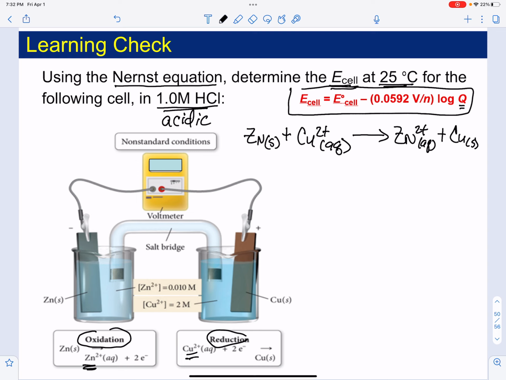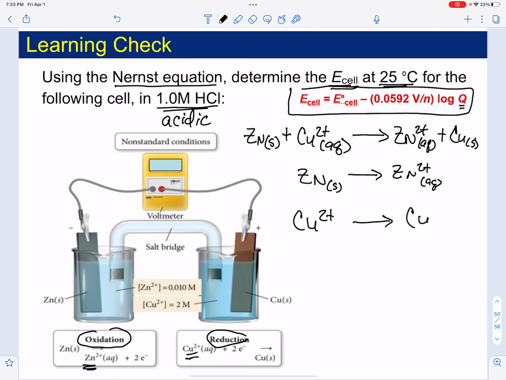So I had to balance this under acidic conditions, right? Because that's what we have. So that's when I break it into the half reactions. My zinc is going to become zinc 2 plus. This is how I'm also going to find how many electrons are being transferred. And my copper is going to become copper solid.